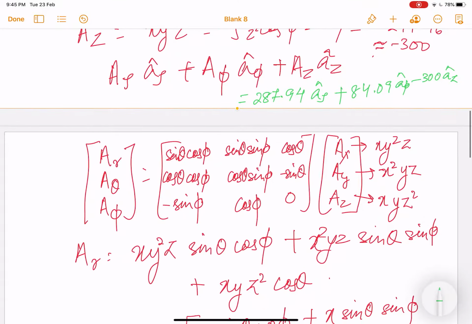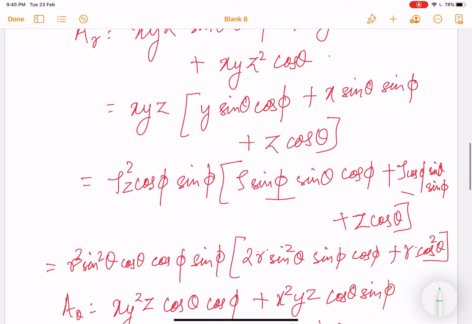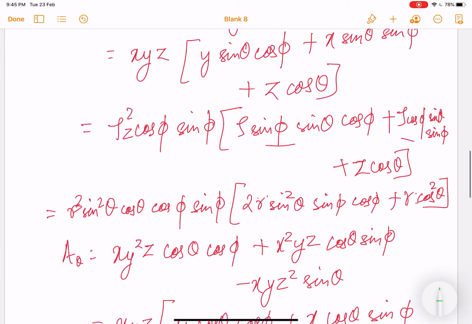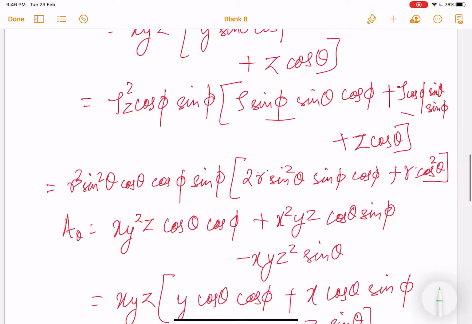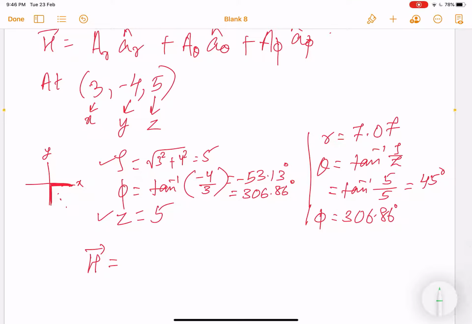Anyways, then next if I have to take out a r, what shall it be? Let's see what we are getting. What's my r? By the way, it's 7.07. r is 7.07.